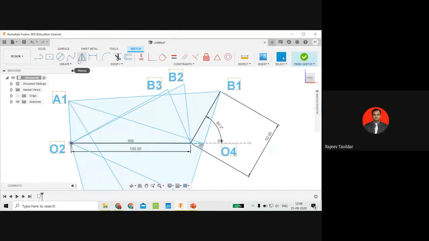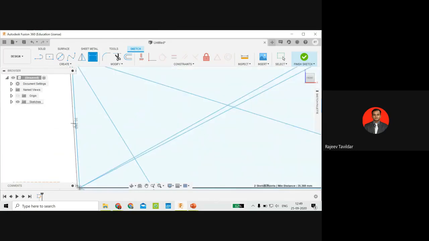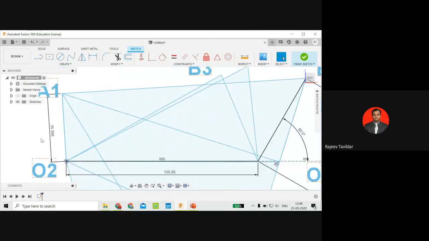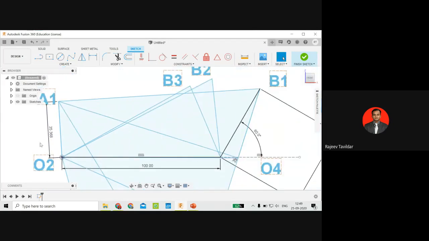I'll tell you, O2A should be 0.35 units.